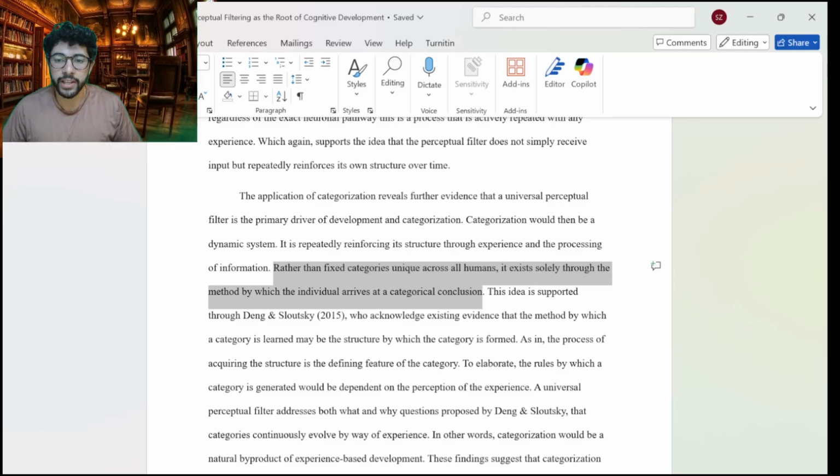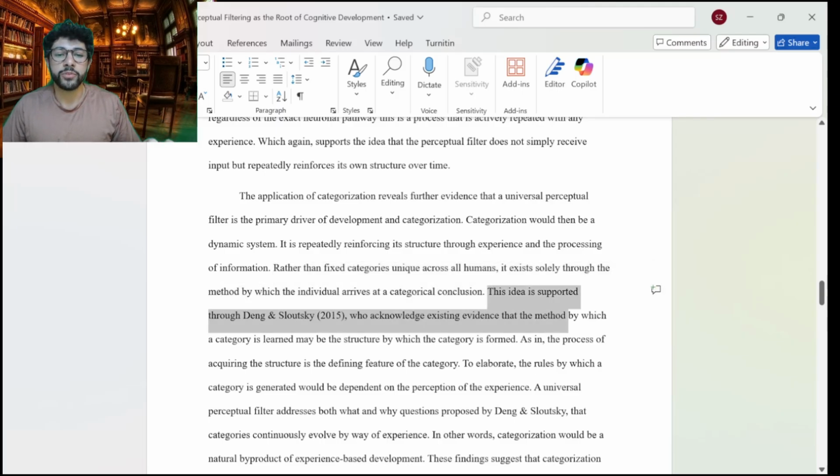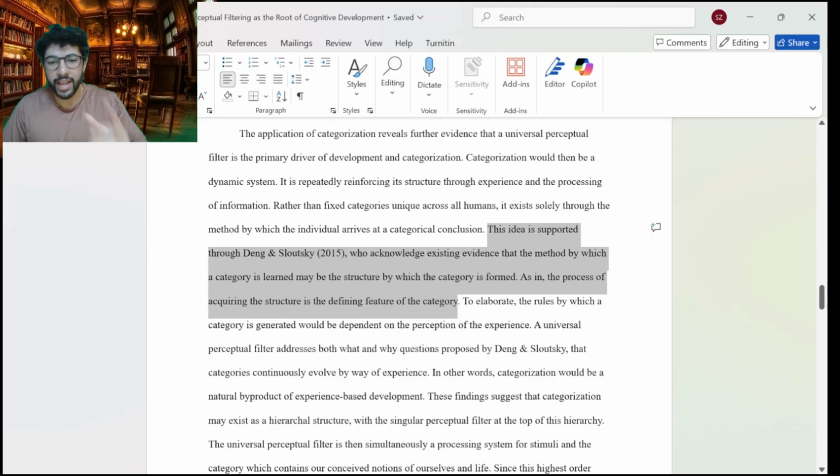Okay? So this idea is supported through Dang and Slutsky, who acknowledge existing evidence that the method by which category is learned may be the structure by which the category is formed, as in the process of acquiring the structure is the defining feature of the category. Okay, so again, the way that you define the category is how you acquire the structure of it.